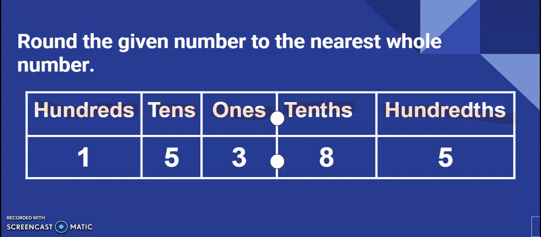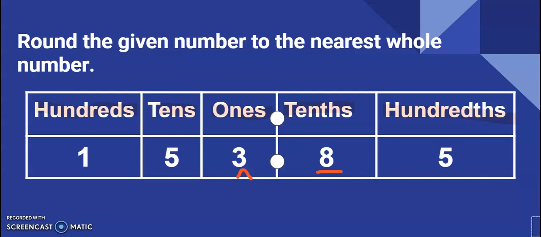Since my target is to round the number to the nearest whole number, first let's begin with making an arrowhead to show the target digit. Since my target is ones, I make an arrowhead so that I remember that this is my target, and then I look to the right. Let's say the rhyme together. 5 or more, have one more, 4 or less, let it rest.